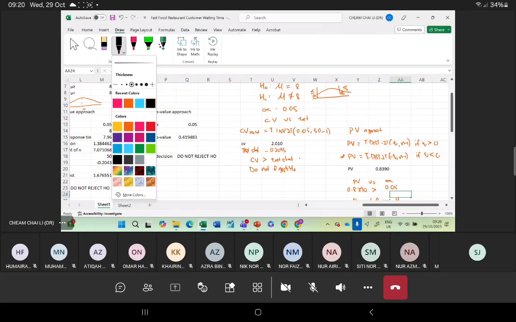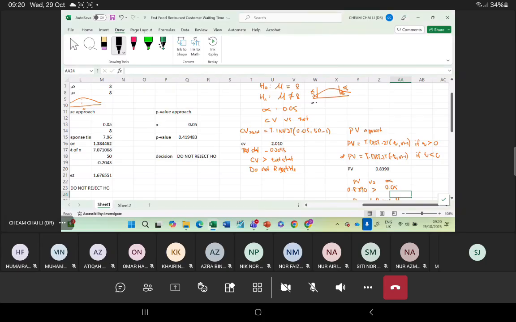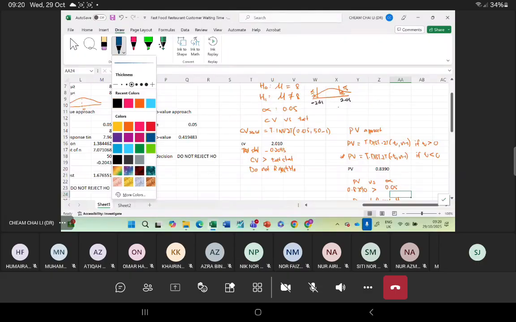you can use this. Your critical value is how much? Yeah, critical value is 2.010. So you have two tail. So di sebelah sini negative 2.01. On the right hand side, you have positive 2.01. And the test statistic is negative 0.2.